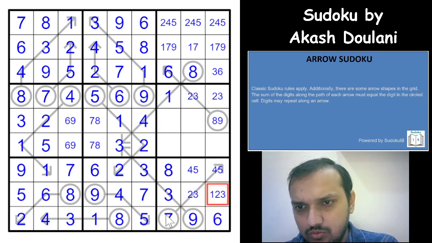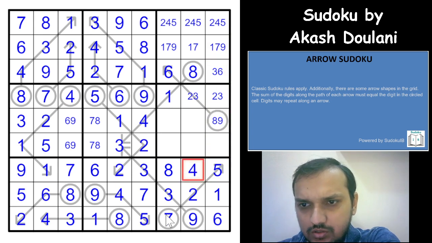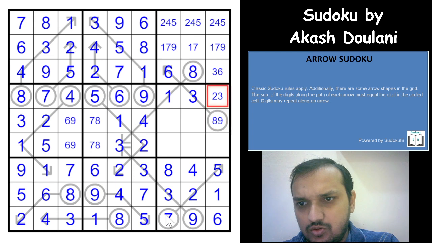It's not a 1 now. It can only be 2 and a 1. That gives you 5. That gives you a 4 here. 3, 2 and a 9. That gives you 9, 1 and a 7.